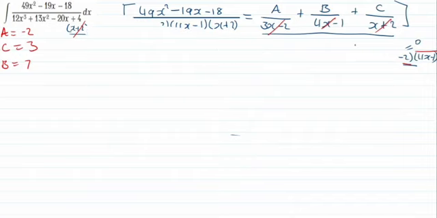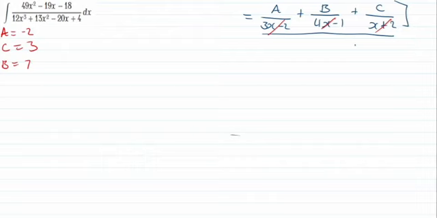it's going to be easy for us to just plug into the formula. So we're going to have the integral of our a, we said -2, so it's going to be -2 over 3x minus 2.